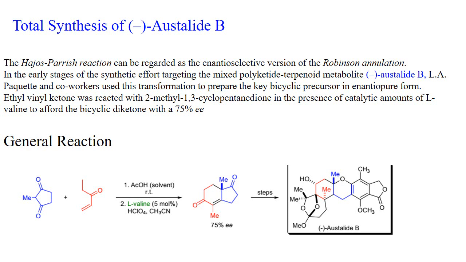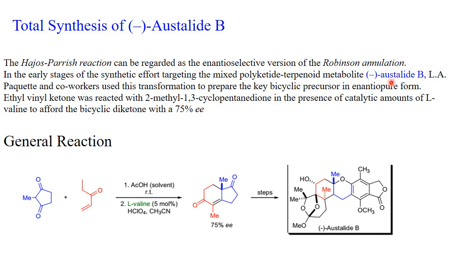Another application of Robinson annulation reaction is the total synthesis of acetaldehyde B. The Hedges-Parrish reaction can be regarded as the enantioselective version of Robinson annulation reaction.